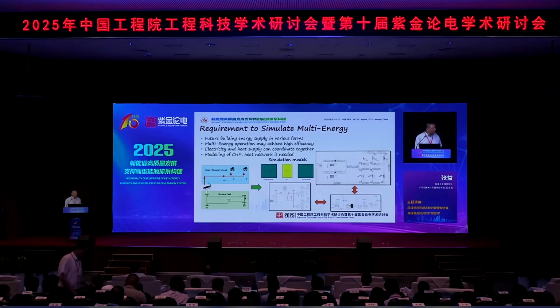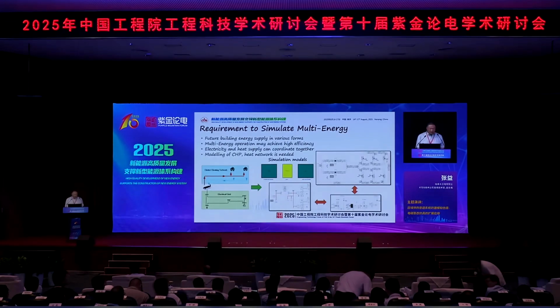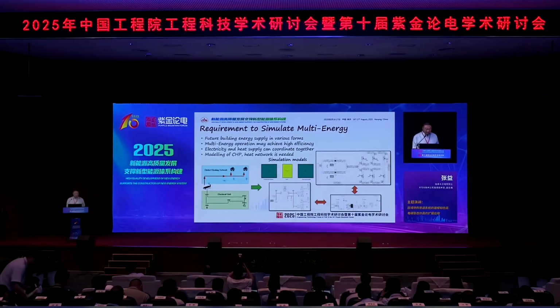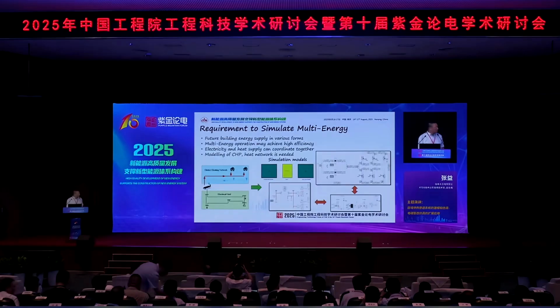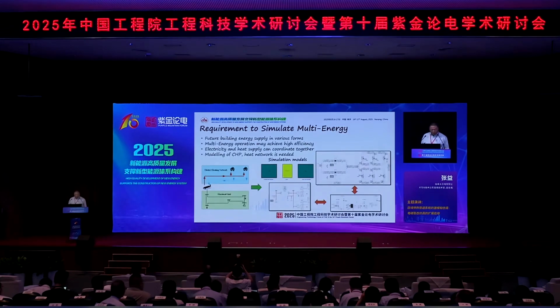For some power plants, we have a steam turbine and other forms of energy supply. Then we can generate electricity and, in the meantime, provide heat. Then the heat energy will be supplied through pipes to neighborhood residential or office buildings or other buildings.